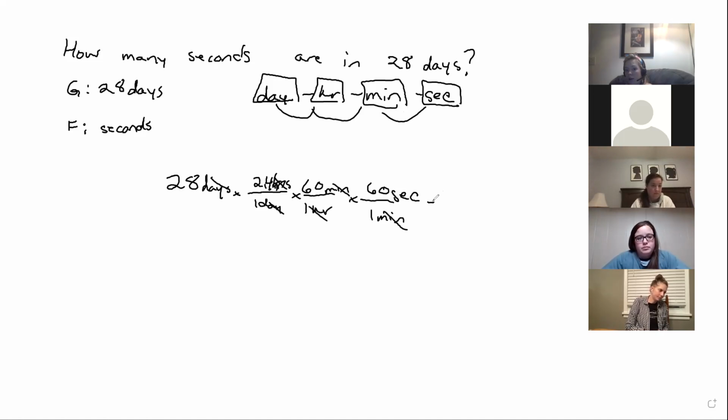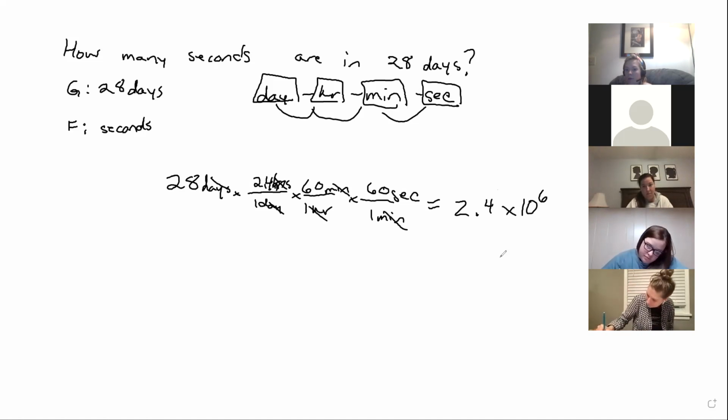All right, so we get a large number, which makes sense. 2,419,200, 2 sig figs. So I'm going to round it to 2.4 times 10 to the 6th. I wrote it in scientific notation, seconds. If you're like, that's not what I had, okay, I'll write it a different way. 2,400,000 seconds.